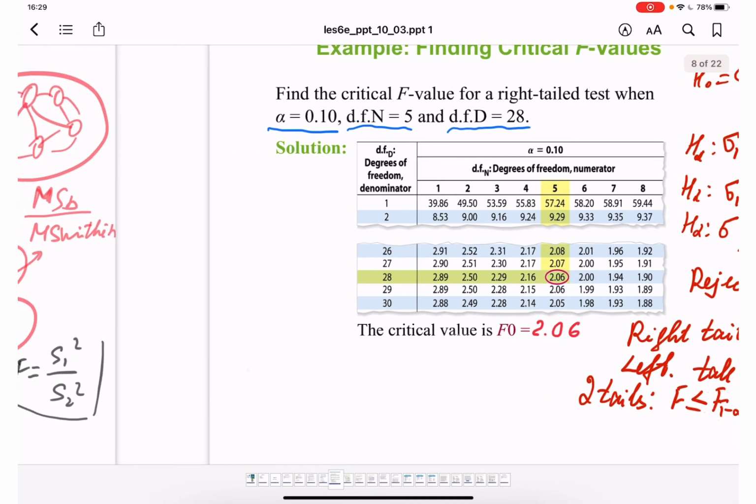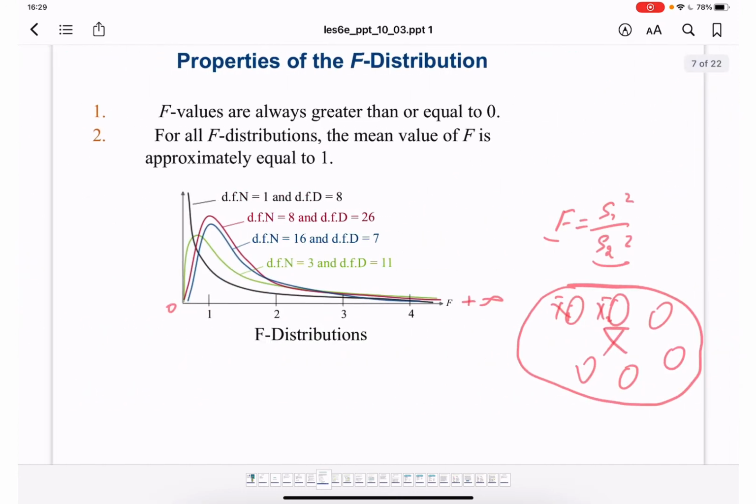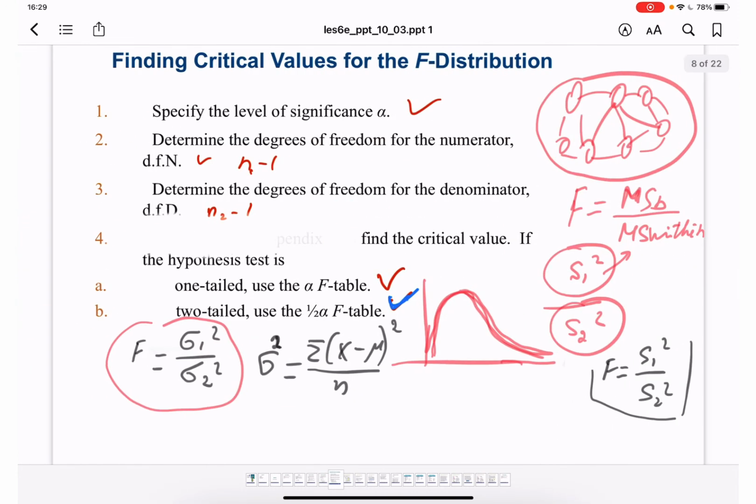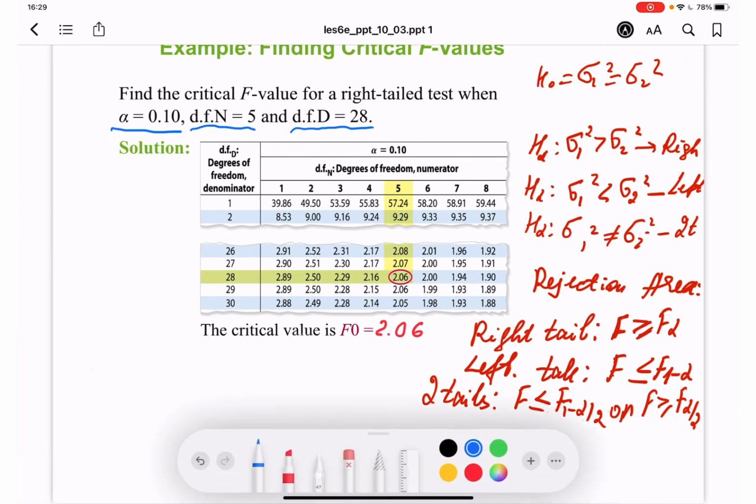It just takes the number. Okay, that's fine. So if the degree of freedom is 5, that means n is 6, and if the degree of freedom of the denominator is 28, that means n is 29. So we are taking the degree of freedom 5, for the smaller sample size, right?